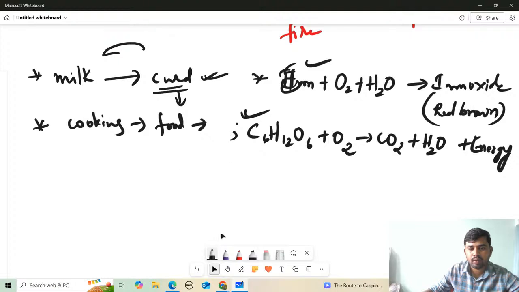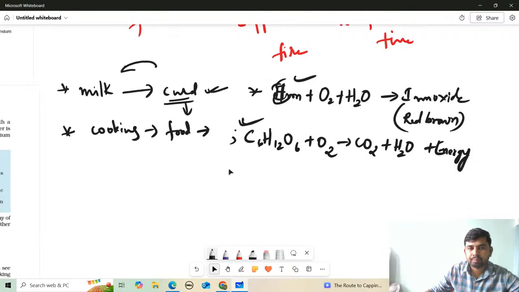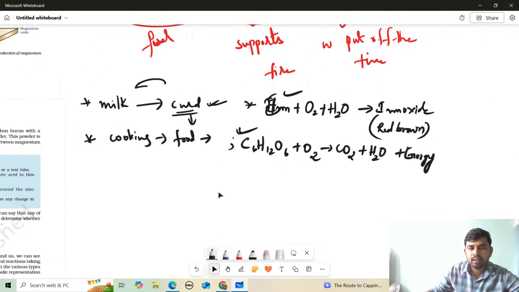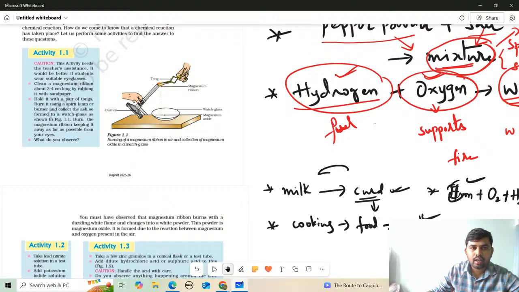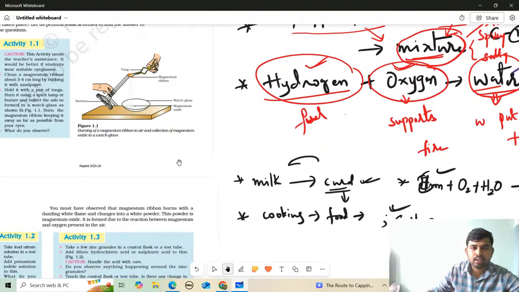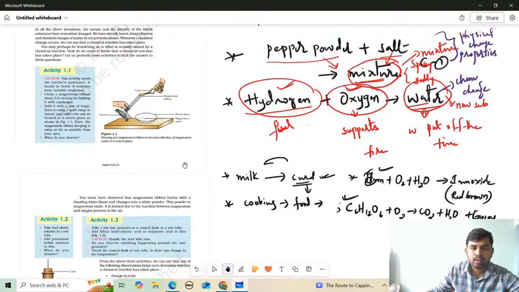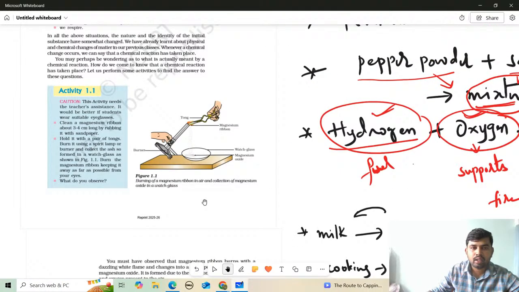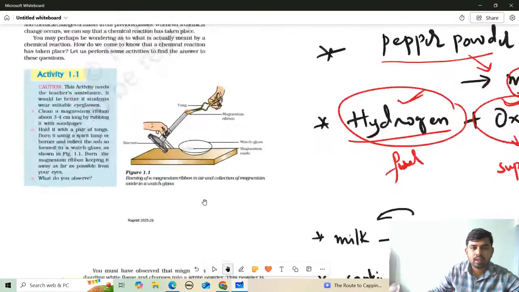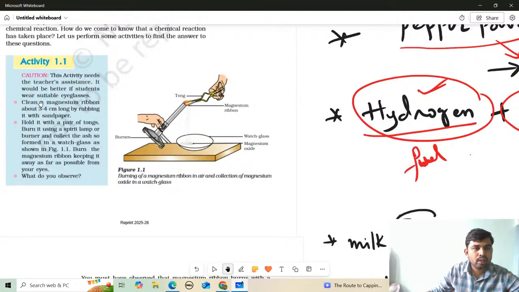Along with this, they have given another example. You can see in the diagram they have given about the magnesium ribbon. You can see this activity here. Clean a magnesium ribbon about 3 to 4 centimeters long by rubbing it with sandpaper.